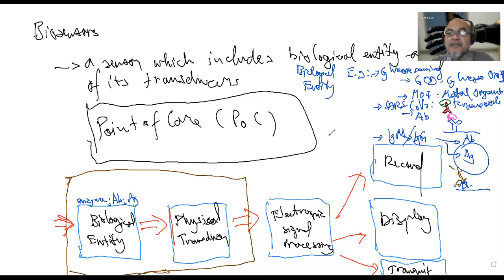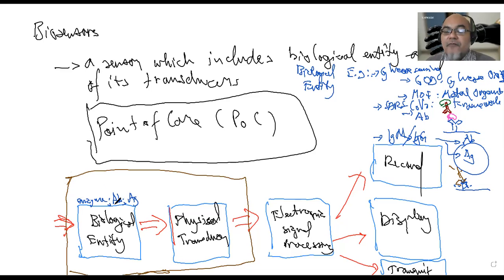But as I mentioned, in recent days there has been development in the fabrication and synthesis of MOF, metal organic framework, and other biomimetic material that can function similarly to antibody or enzyme. So what is the difference then?